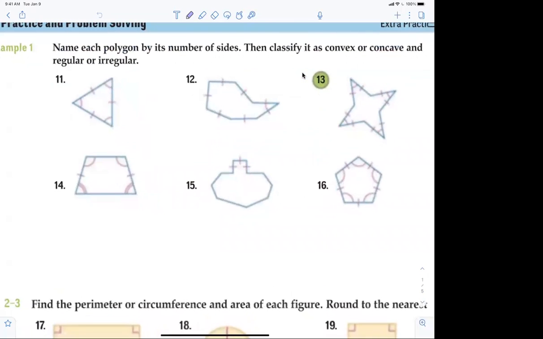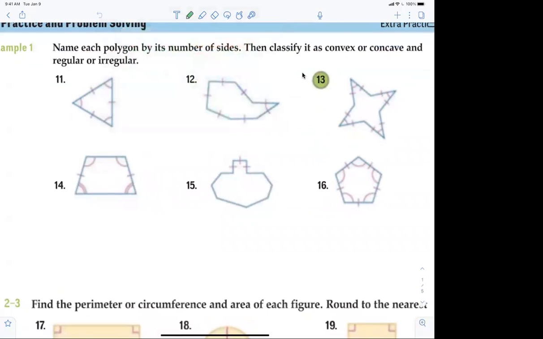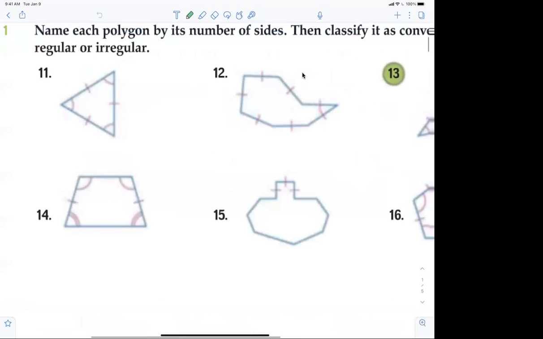Number 11. First of all, 11 is called a what? If we name it by sides. Yes, obviously it's a triangle. Now, the next question is, classify it as convex or concave. Can anybody tell me what the difference is? Well, all triangles are going to be considered convex.